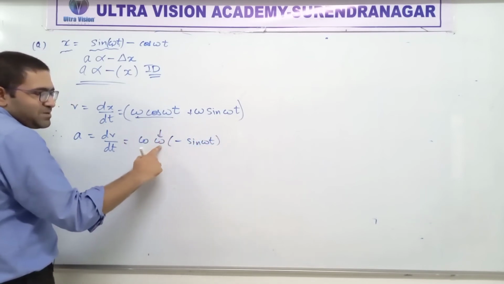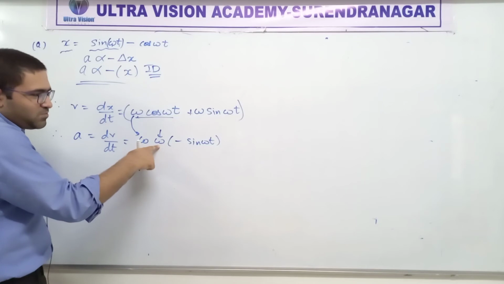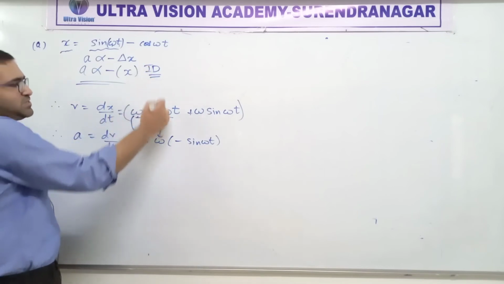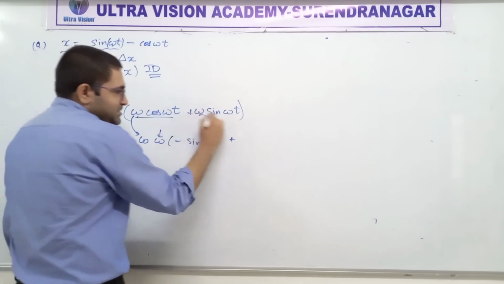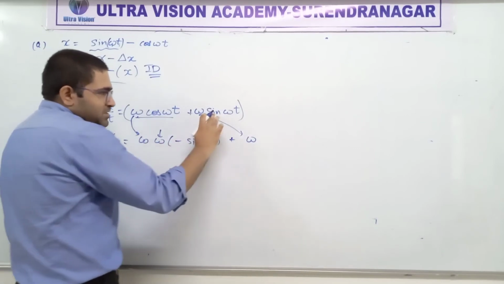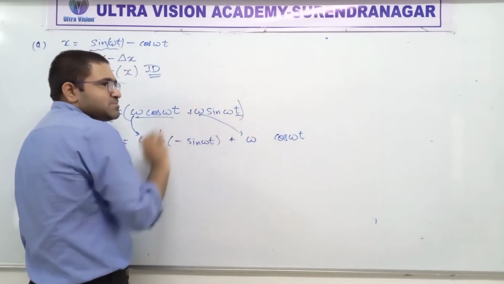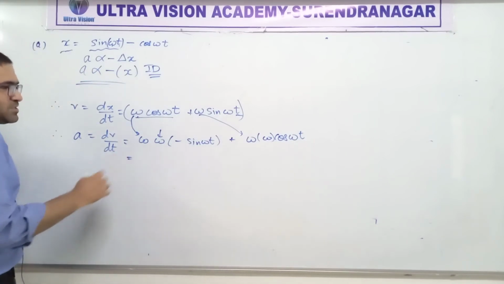Do you realize why we are multiplying one more omega? Very good. We are following that same rule that we used here. Then what about the second one? This omega stays as it is because it's a constant. It doesn't play a part in differentiation. Then sine differentiation is cos omega t, but once again t is multiplied with omega, so we get one more omega.